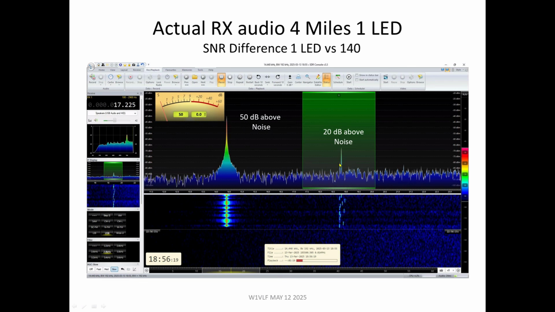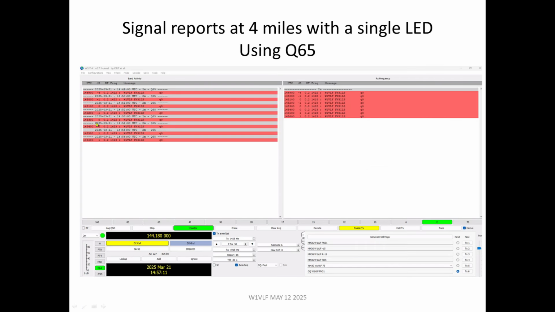Now, the other thing is, this 4 miles, right? 4 miles with one LED. This is Q65. Look at this next page. You can't see this really well, but I was getting a -4 the first time, -1, then a 0, -1, then 0, then 1, then 1, and it kept on getting better and better as we got closer to darkness, because the interfering sun wasn't a problem any longer.